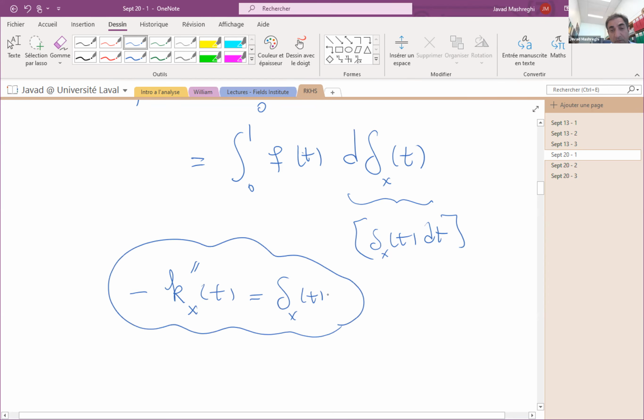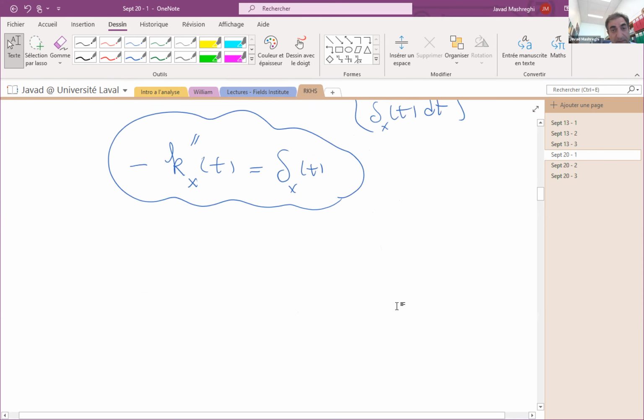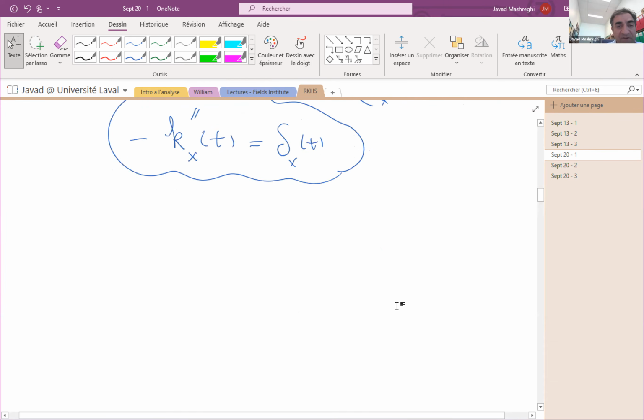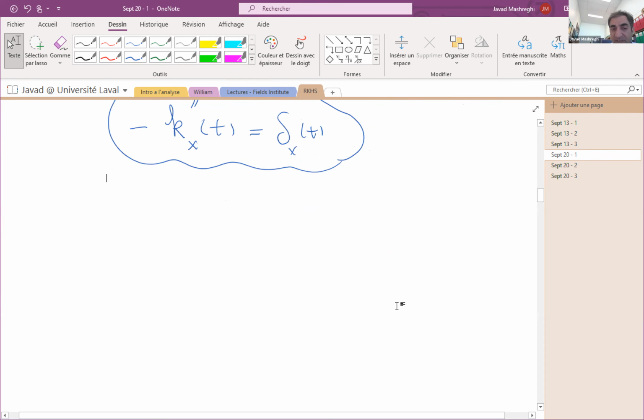And now we want to solve this. How to solve this? I just borrowed this fact from distribution theory again, which is not difficult to prove. I can even leave it as an exercise.